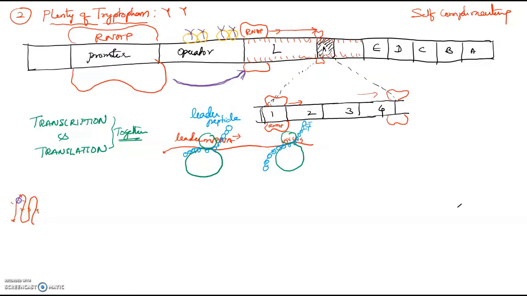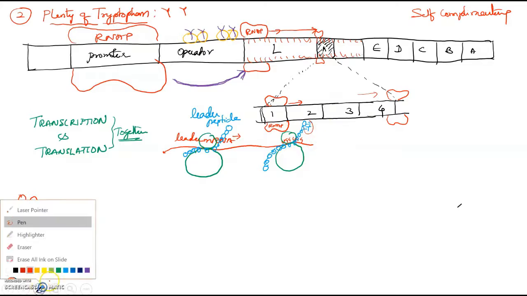Because the ribosome has moved till here and enough tryptophan is present, it has added the tryptophan. 1 and 2 cannot form, neither can 2 and 3, because the ribosome is hindering their hairpin formation.